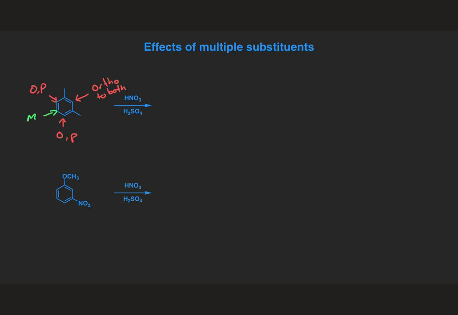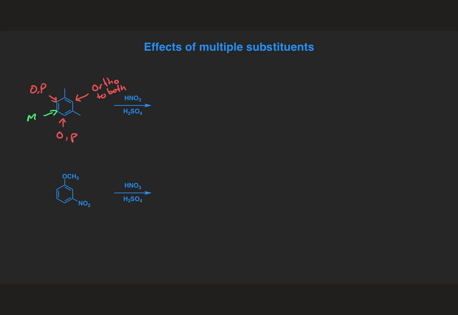Since methyl is an ortho-para director, we can rule out the meta position as a primary spot of nitration. This position is not bad, but sterically it's congested by both methyl groups, and so sterically this is not a good option. Electronically, this option and this option are the same, and they're sterically available.